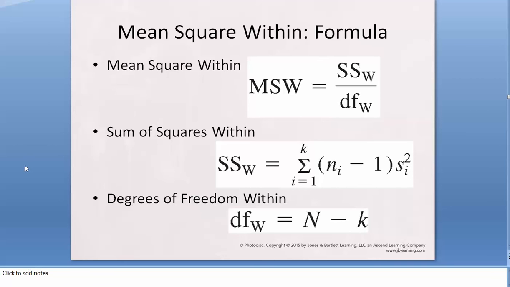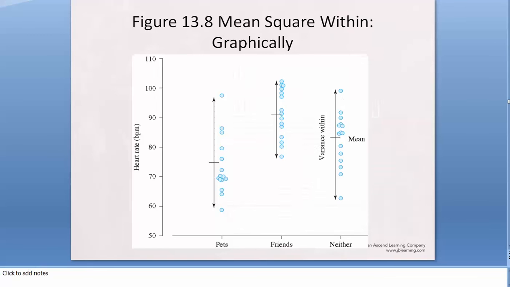So right here this is the picture of within group. For each different group you will have a mean. This is x bar 1, this is x bar 2. Not every patient who had a pet dog as a companion will have a heart rate equal to the mean value. It will vary.